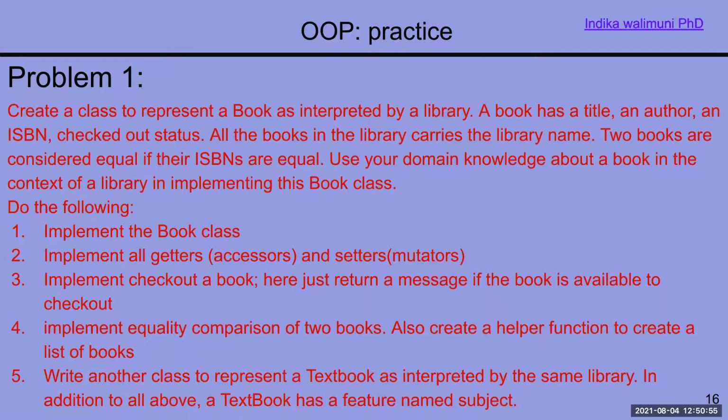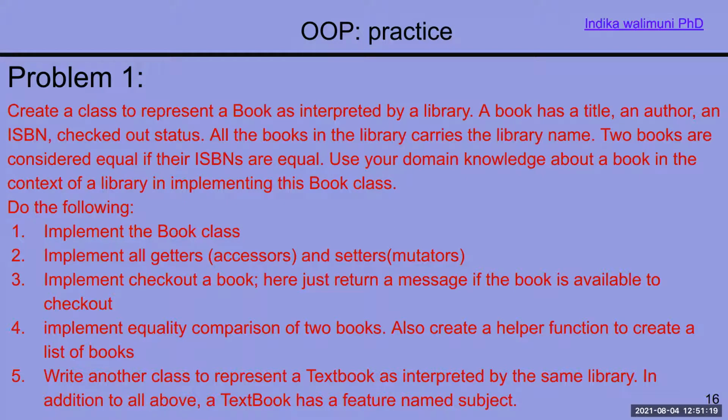Okay. A book has a title, an author, an ISBN number, International Standard Book Number, checked out status. So those are the fields. All right. All the books in the library carry the library name. So that's another field that is common to all the books. Okay. Two books are considered equal if their ISBNs are equal.